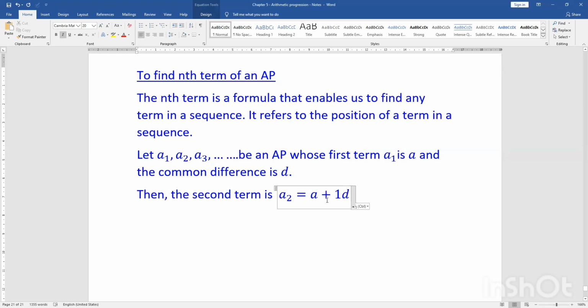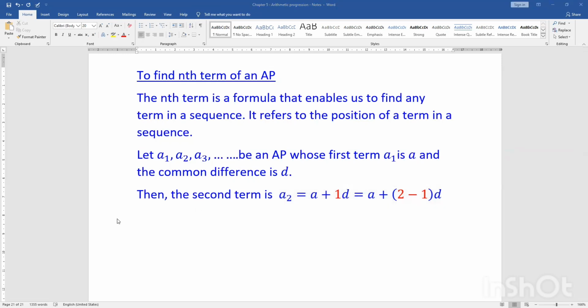Now the next thing, it's equal to a plus 1, I can write it as 2 minus 1. So a plus (2 minus 1) into d. I write the 1 as 2 minus 1. I'm just highlighting it.